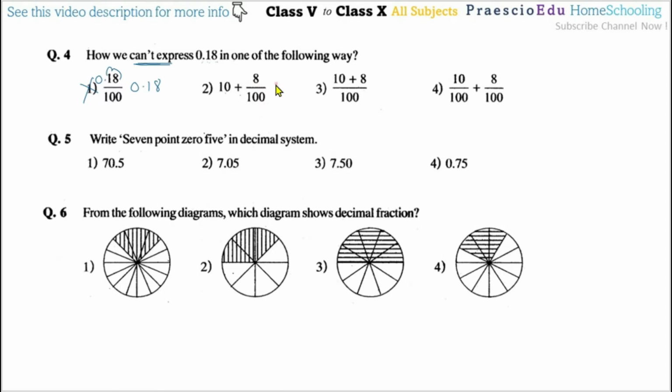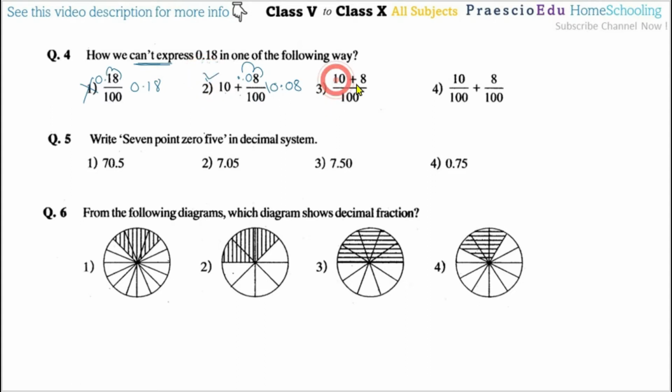8 by 100 means point and then we have to shift two places, so 0.08. Okay, 0.08 plus 10 means 10.08, but we required 0.18, so this cannot express it. Okay, means possibly this option is the correct one.